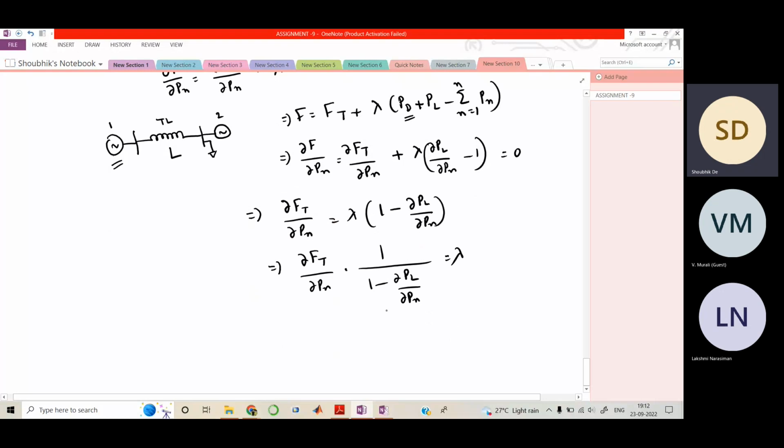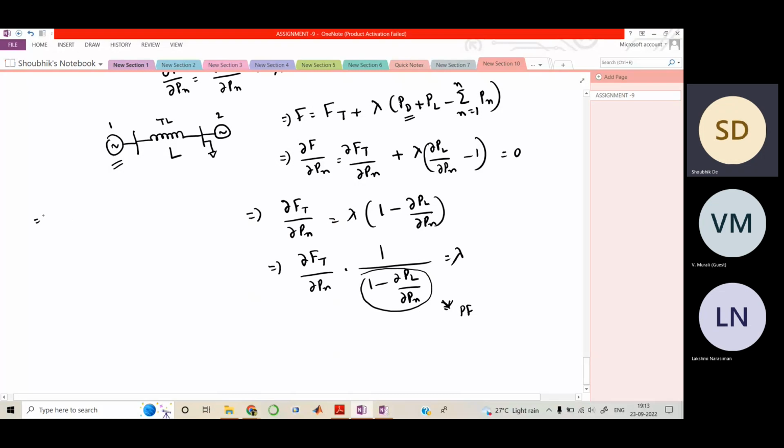This whole term is called the penalty factor, or PF. And the generator whose penalty factor is more, obviously the fuel cost would be more and it would be generating less. To generate the same amount of power, the fuel cost would be more for that system.